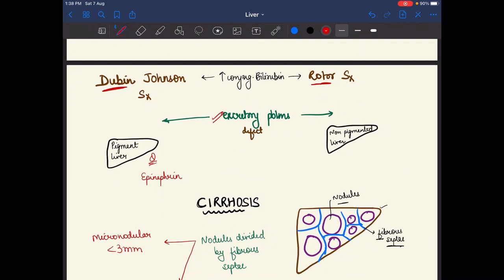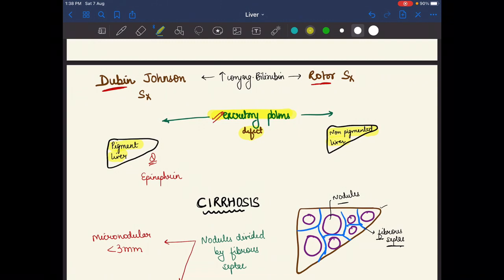In the liver, in Dubin-Johnson we see a pigmented liver, while in Rotor we see a non-pigmented liver. Pigmented liver is seen in Dubin-Johnson syndrome due to epinephrine.